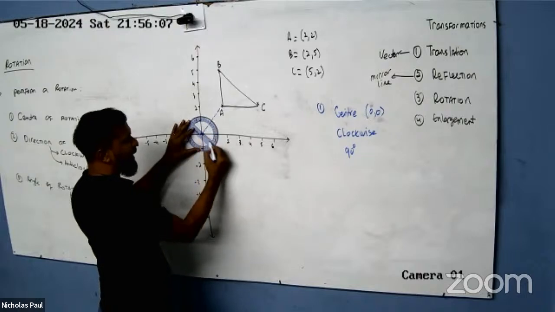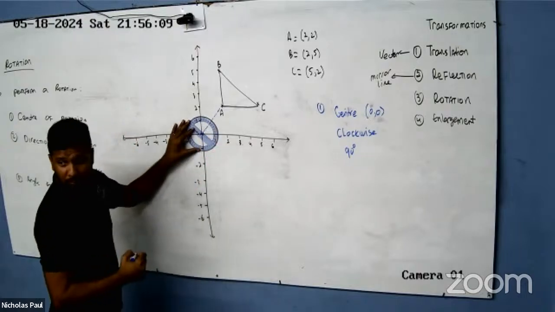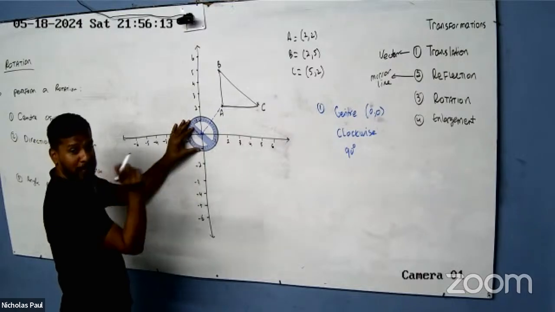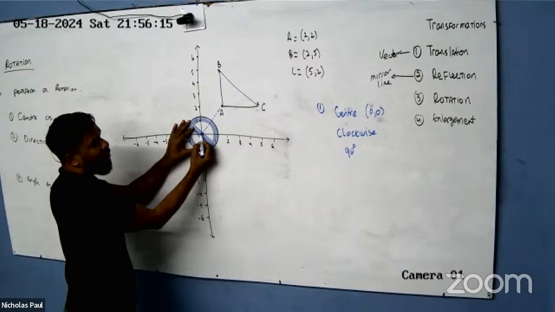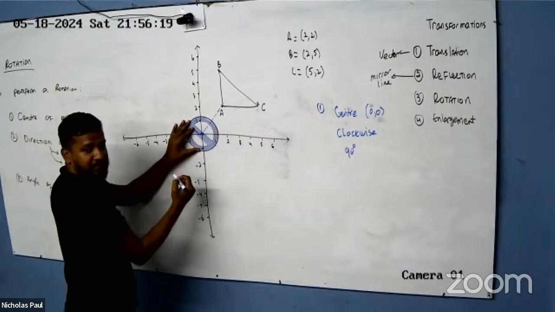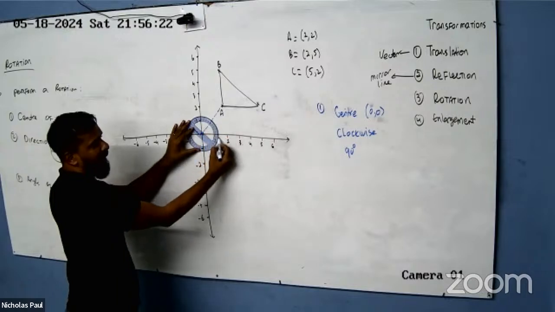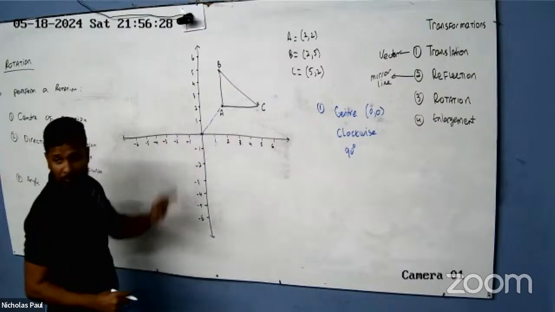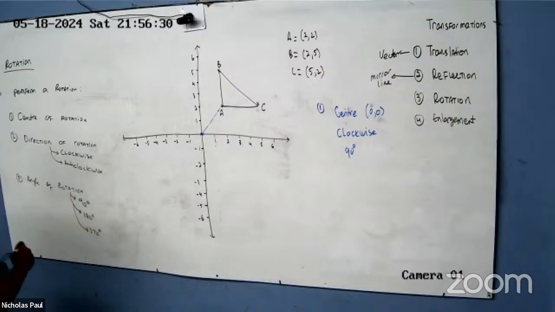So from here to here, that's 90. Place the center of your protractor at the center of rotation and line up this broken line with 90 degrees. And from there, measure 90, so that will go all the way back to 0 here. And just draw a little dot.